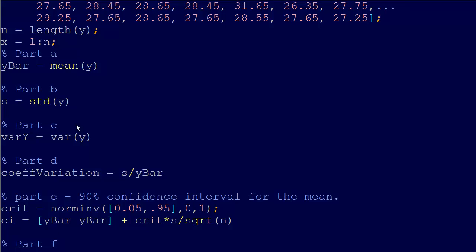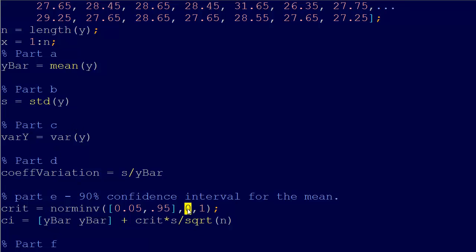To compute the confidence interval for the mean, the first step is to figure out this critical value. There are a lot of different ways you can compute it. Normally in statistics classes you'll get a table of values and look it up in a table, but I think with computing packages tables of values are sort of outdated, so we can use the function norminv in MATLAB.